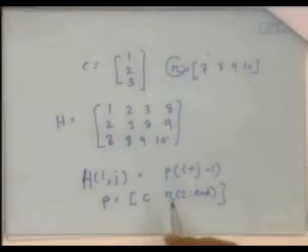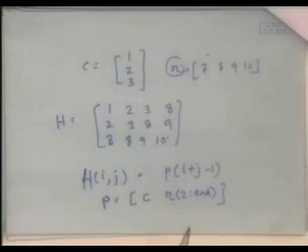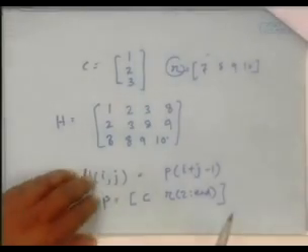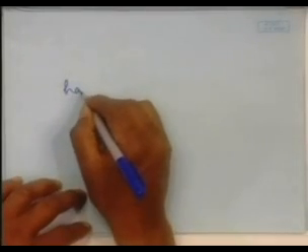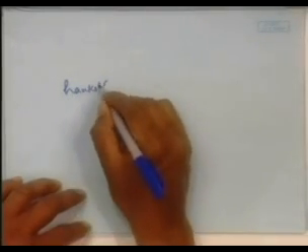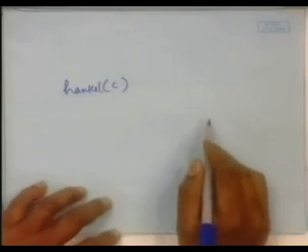So, the Hankel matrix appears in many signal processing applications and approximation cases, where you generate a Hankel matrix. And if you write hankel(C), just hankel(C), it will give you a matrix.